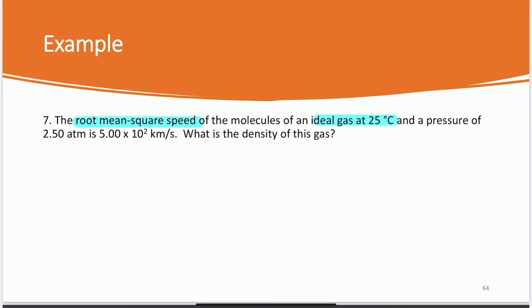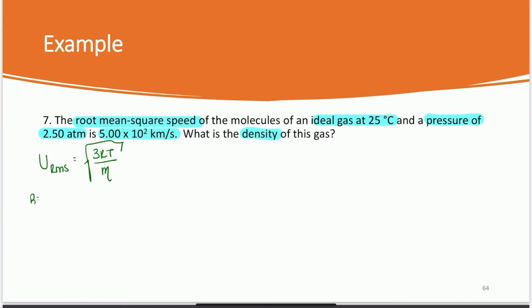Ideal gas at 25 degrees C, pressure of 2.5 atmospheres, 5.0 times 10 to the second kilometers per second, and I want to know density. Remember, your root mean square speed is the square root of 3RT over M. So, gas constant, temperature, molar mass.